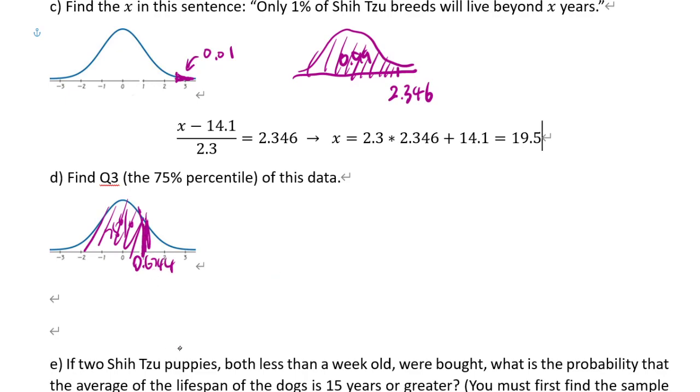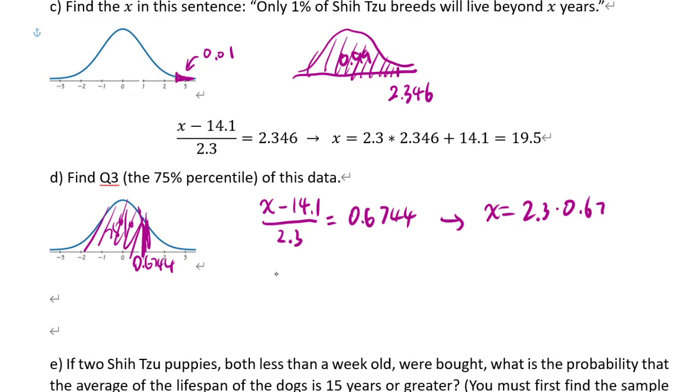Again, this is your critical number, which is a z-score, so you have to figure out the x whose z-score would be 0.6744. So x is equal to 2.3 times 0.6744 plus 14.1.